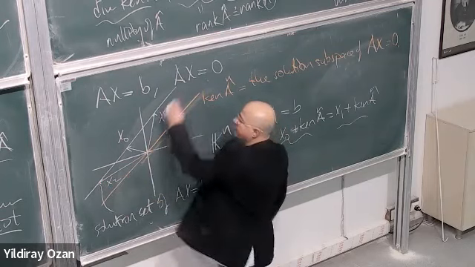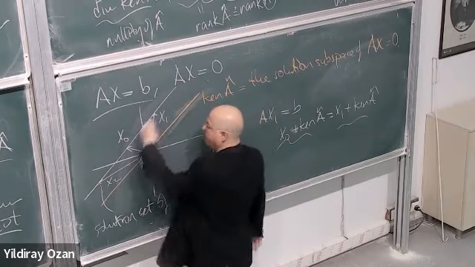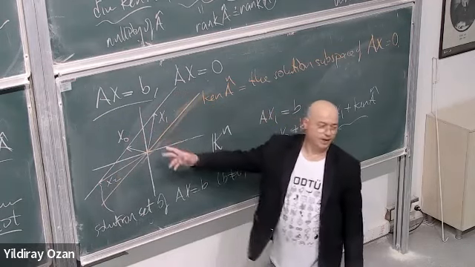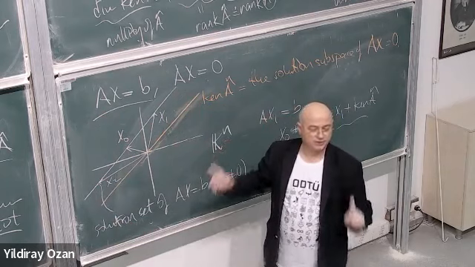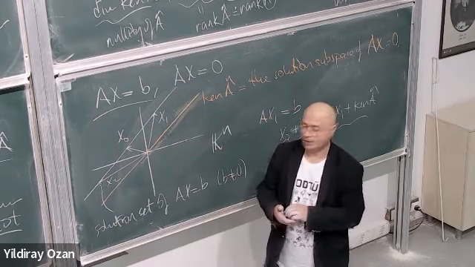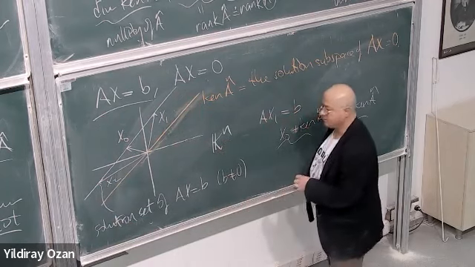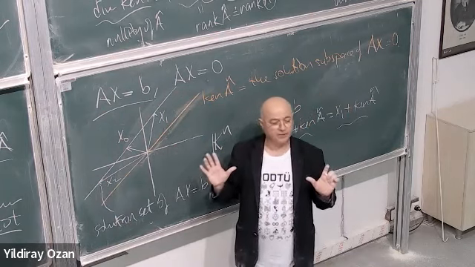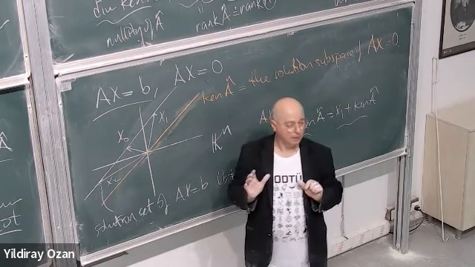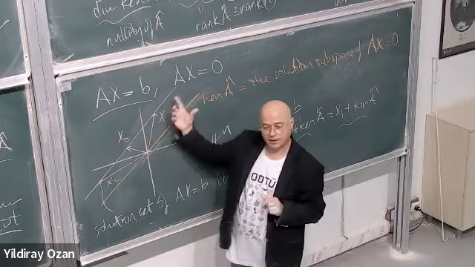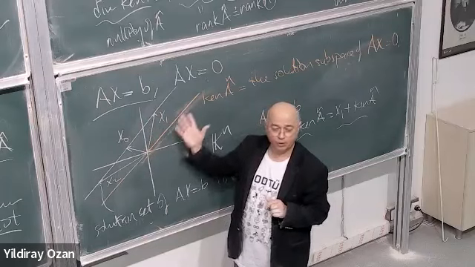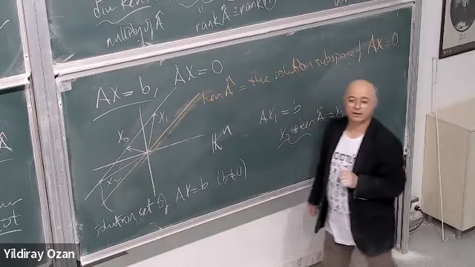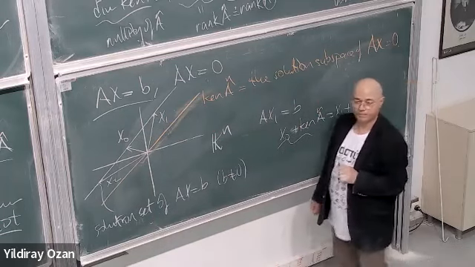But the solution set of this system is this, we say affine space. It is not a subspace, but it's an affine space. What do we mean by affine space? You have a subspace and you add a vector to all the vectors in that subspace. You get a parallel copy of your subspace, which we call an affine space.